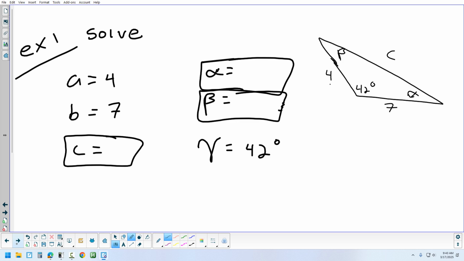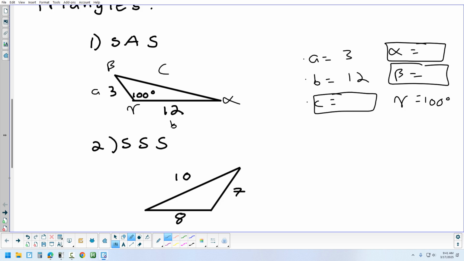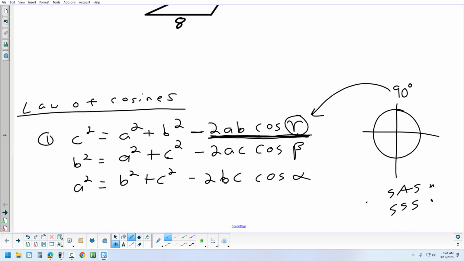So we got to make sure whichever version of the law of cosines we use, we are not missing more than one thing. So would I need to use version 1, 2, or 3? 1. Yeah, 1. I have to use 1 because I'm missing C. So you already have something you're missing in every formula.